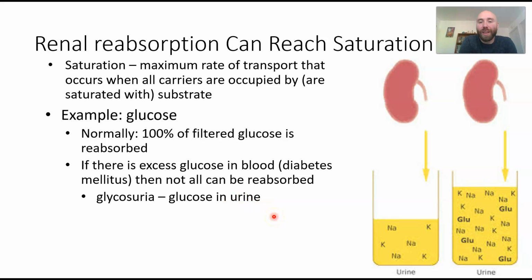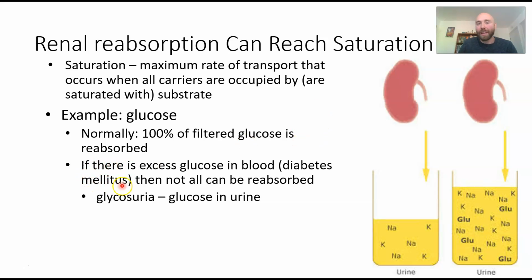It's one of the ways that we can test the urine of an individual and begin to make some diagnosis of that person. If there's glucose in the urine, there's some kind of issue with reabsorption of glucose, because in a normal, healthy individual, you're going to absorb 100% of that filtered glucose back into your blood plasma.